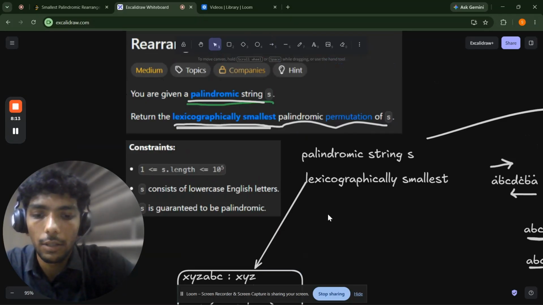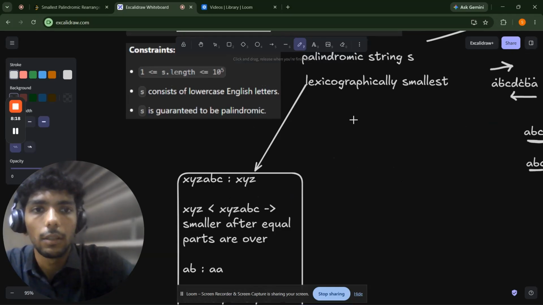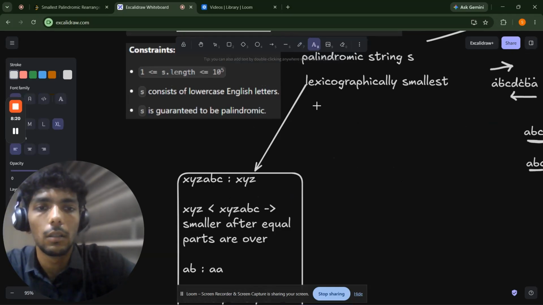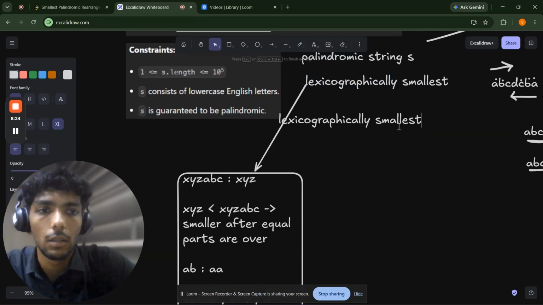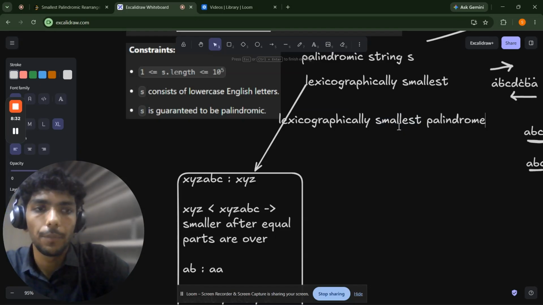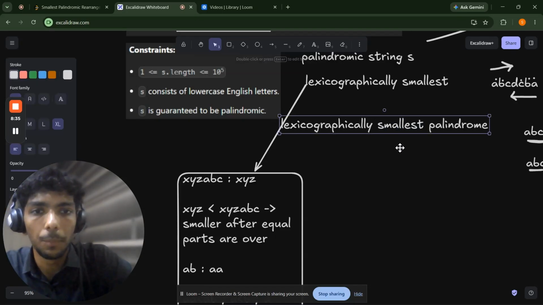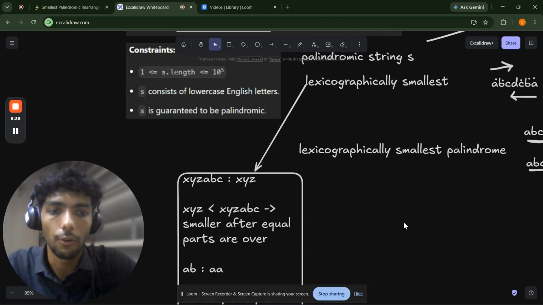Now another condition is that lexicographically smallest palindrome. Now we will compare lexicographically only, but our main concern will be the palindromes.